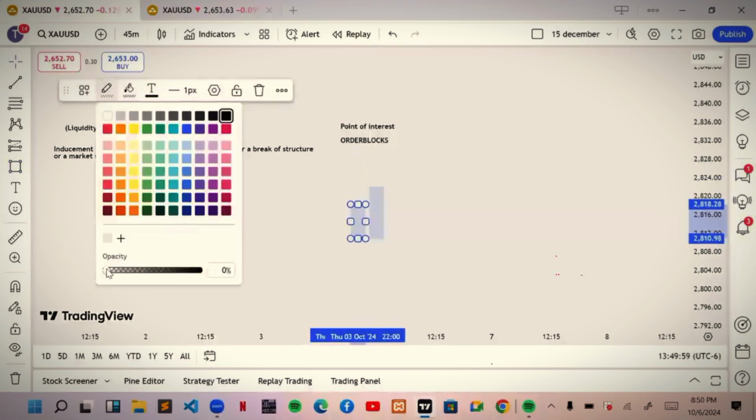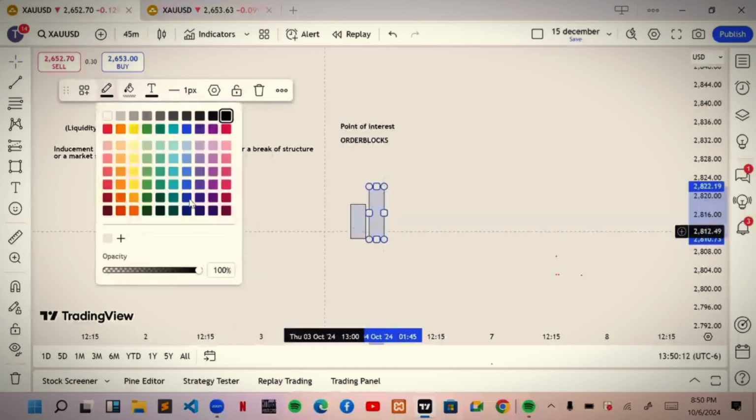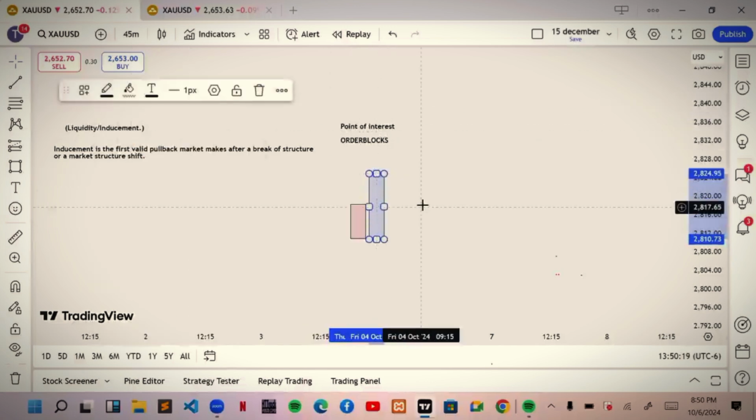So let me make it look more like the ones you would see on your chart. So this is the bullish order block.